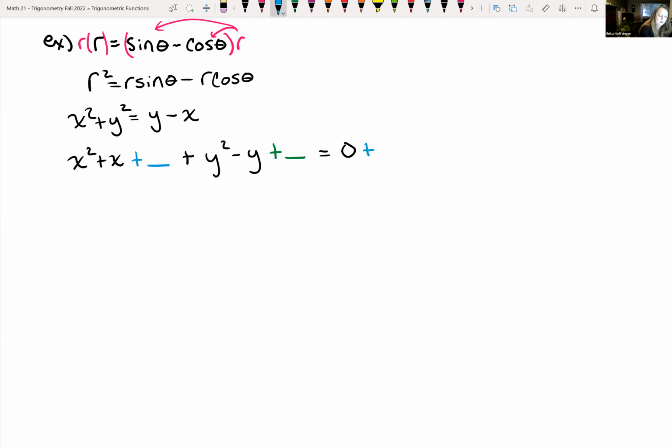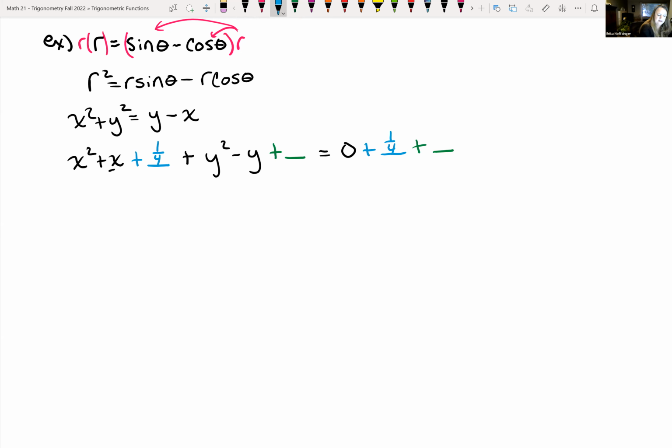Whenever I add it on the one side, I have to add on the other side. So the number that would complete the square here: half of 1 is 1/2. So 1/2 times 1/2, I would add 1/4 here.